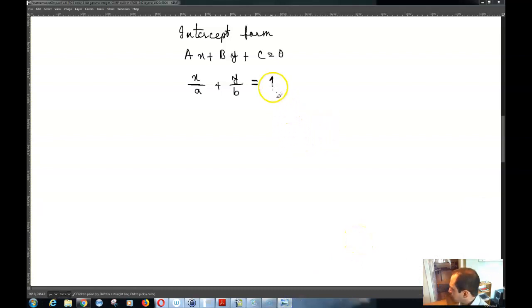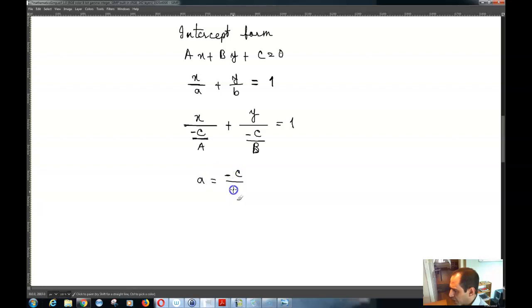Basically, if you go through the process that we went through, you will write your line in the form x over negative c by a plus y over negative c by b is equal to 1. That means that your a is equal to negative c by a, and your b is equal to negative c by b.